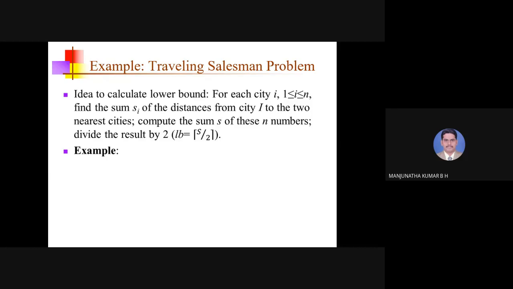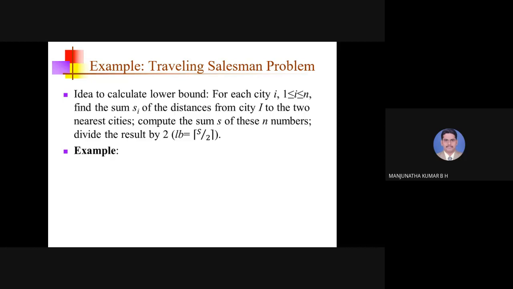What you have to do is take each city, that is city i, for i greater than or equal to 1 and less than or equal to n, meaning the first city to the last city. Find the sum Si.